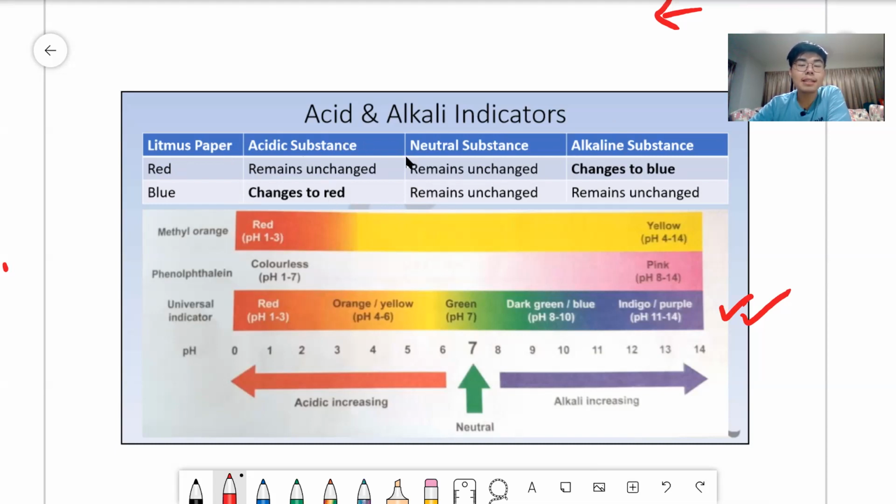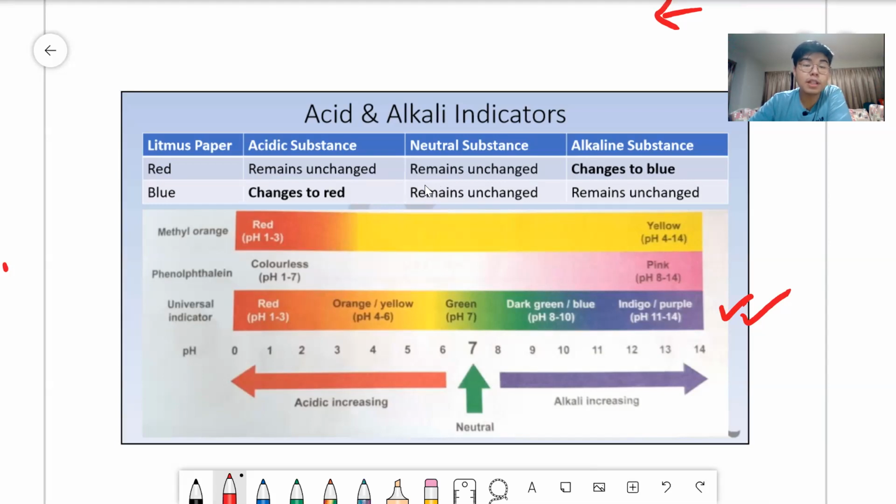For the rest, it will remain unchanged. Especially for neutral, you must remember neutral means they will not change, because red is to test alkaline, blue is to test acid. So when it is neutral, that means it is not acid and also not alkaline. That means there is no observation, there are no changes. That's why it says remain unchanged.